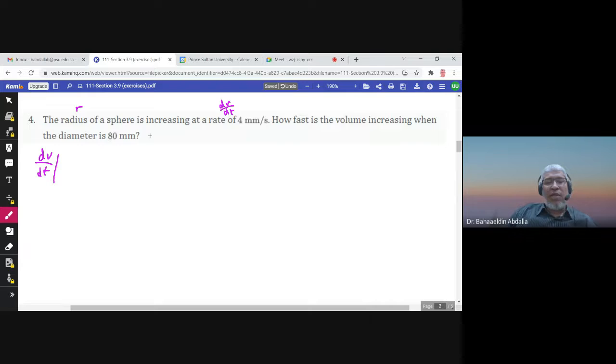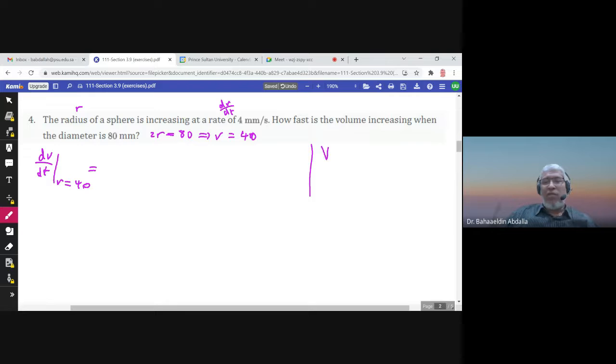Well, the diameter is 2 of the radius. Diameter equals 2r. So if 2r is 80, this means r is 40. So how to find dV by dt when r is 40? Well, what is the relation between V and r?